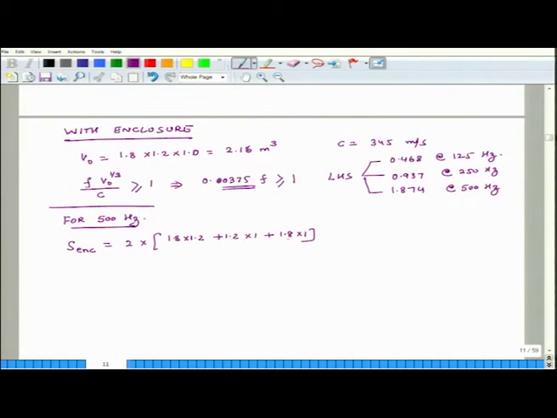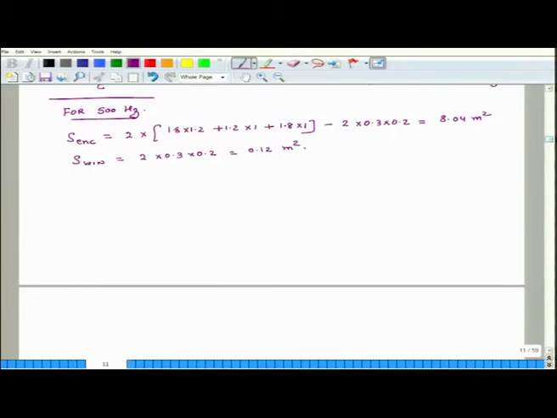This is the total surface, but then I have to subtract the windows, 2 into 0.3 times 0.2, and that is equal to 8.04 meters square. And S window is 2 times 0.3 times 0.2, which is equal to 0.12 square meters.